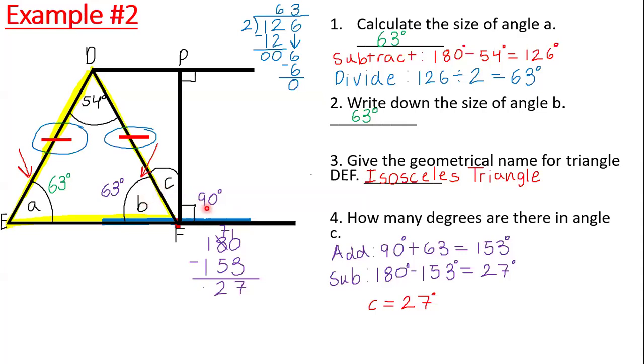So you take 90 and 63, these two, and subtract them from 180 degrees, and that gives you 27. You understand that?